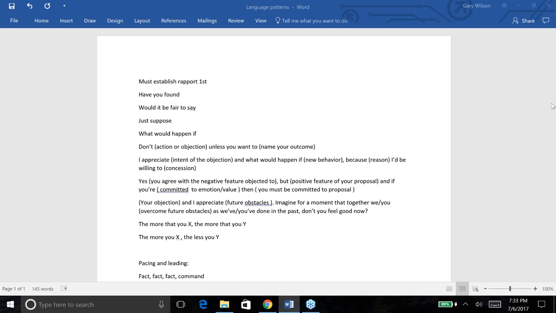So let's see, Melinda is providing what looks like an example here. Would it be fair to say, give the emotional hook, in parentheses, and then, in parentheses, tied to an action I can provide to help them get the hook accomplished? Yes, that's exactly right. So Melinda, it sounds like you've studied these before. If you ever had that class, language sales, we get into a lot of this.